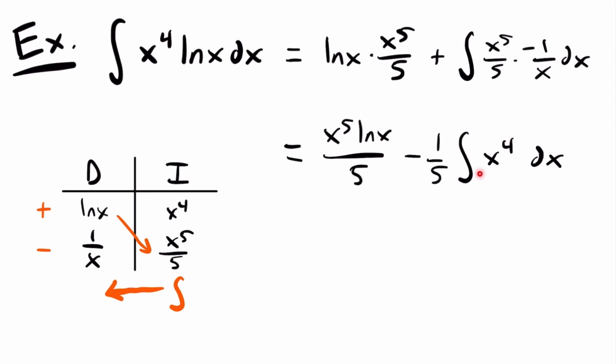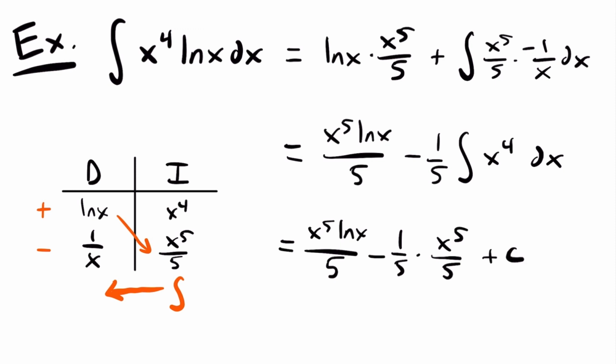And then we have a pretty simple term that we know how to integrate. And so let's do that. This will be equal to x to the fifth power times the natural log of x divided by 5 minus 1/5 times x to the fifth power divided by 5 plus c, right? If we use the power rule of integration, we add 1 to that exponent and then divide by that new exponent.